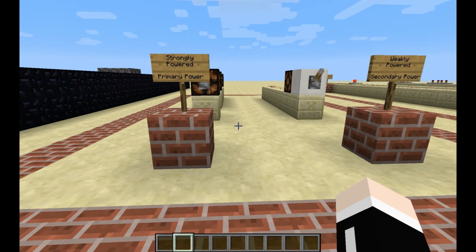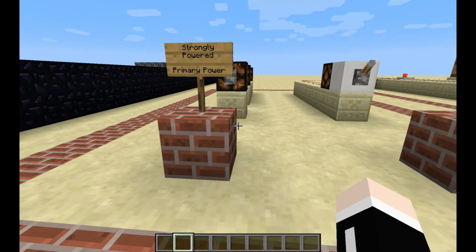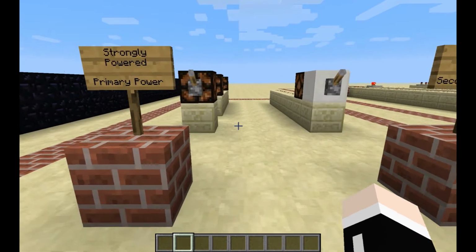So the first thing that you need to be aware of is the concept of whether a block is strongly or weakly powered, or again, as I like to think of it, as whether it is at a primary power source or a secondary power source.